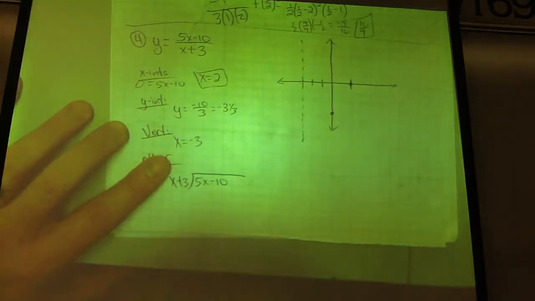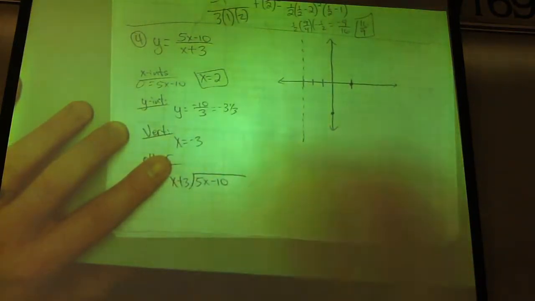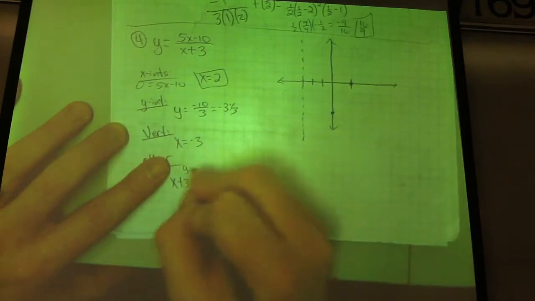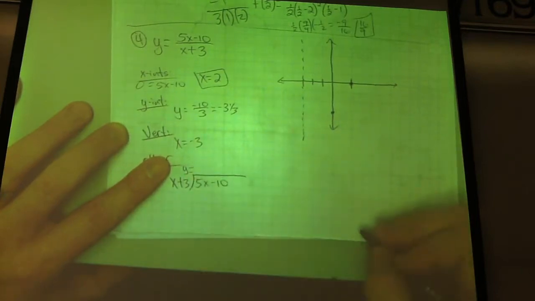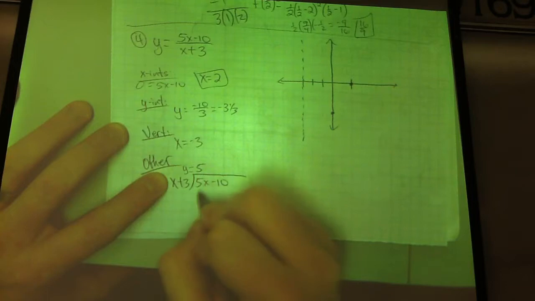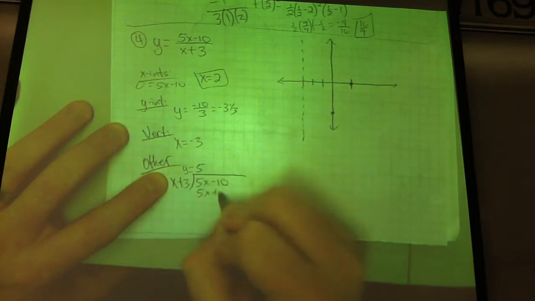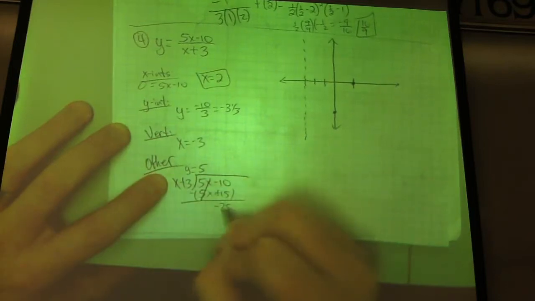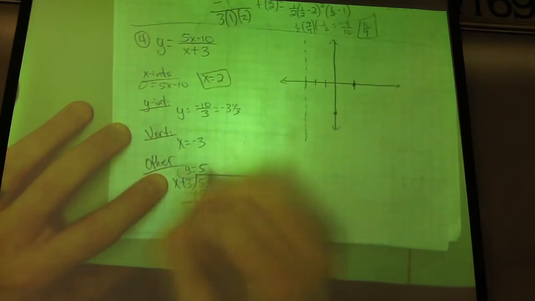If you can't do long division, then it's just the x-axis. But if you can do long division, it's y equals whatever you get up here, minus the remainder. Just don't care about the remainder. X goes into 5x, 5 times x is 5x, 5 times 3 is 15, subtract, that's negative 25. I'm done, there's my remainder, don't care, so it's just y equals 5.